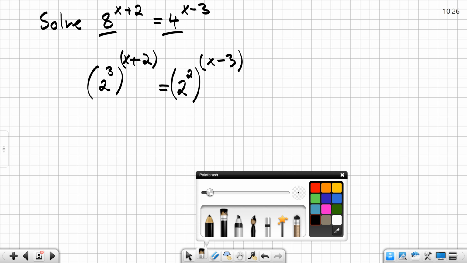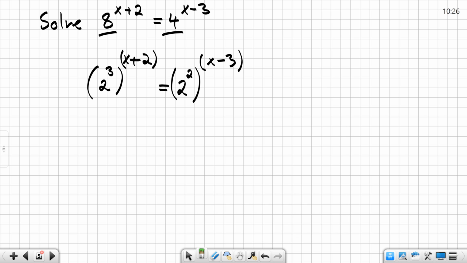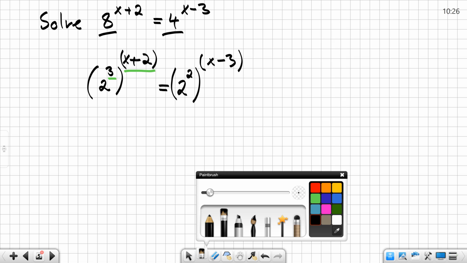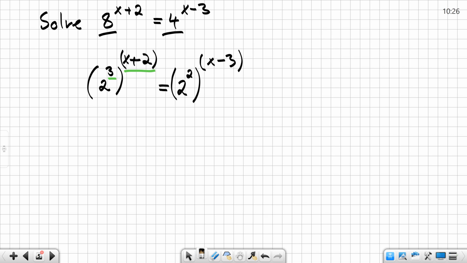So what happens now here is the following. I have one exponent and I have a second exponent, and the rule tells me in order to simplify this that I am supposed to multiply my exponents. These are just the rules for exponents. And as I mentioned before, the rules will never change. Now I have accomplished, this is the end of step 1.